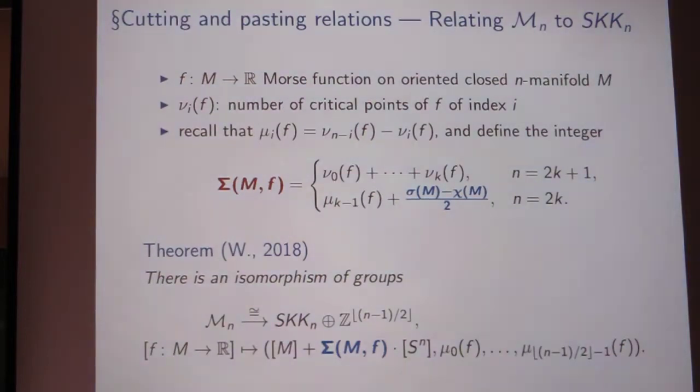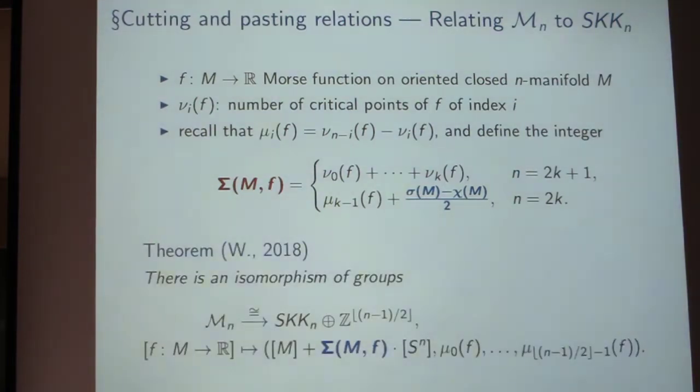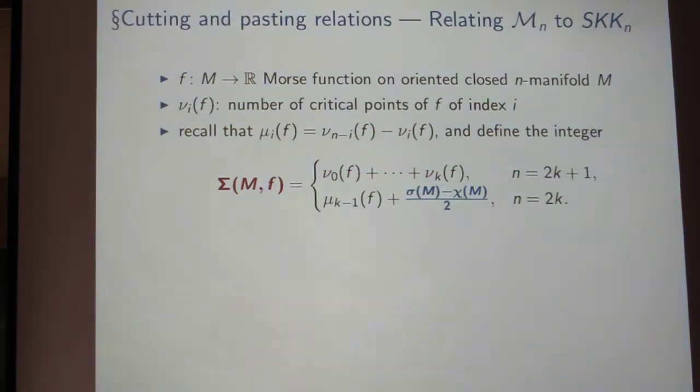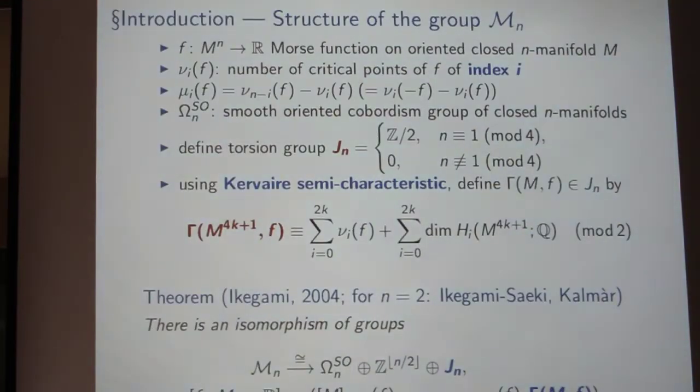Excuse me, yes. Can you just join the previous result when you obtained M_n and this one? The previous one of M_n. So this one? Yeah, so we can say something about connection of the component. Yeah. So in particular, this J_n must be contained in the SKK group. And the SKK group has also been understood, but this is completely unrelated to Morse theory.